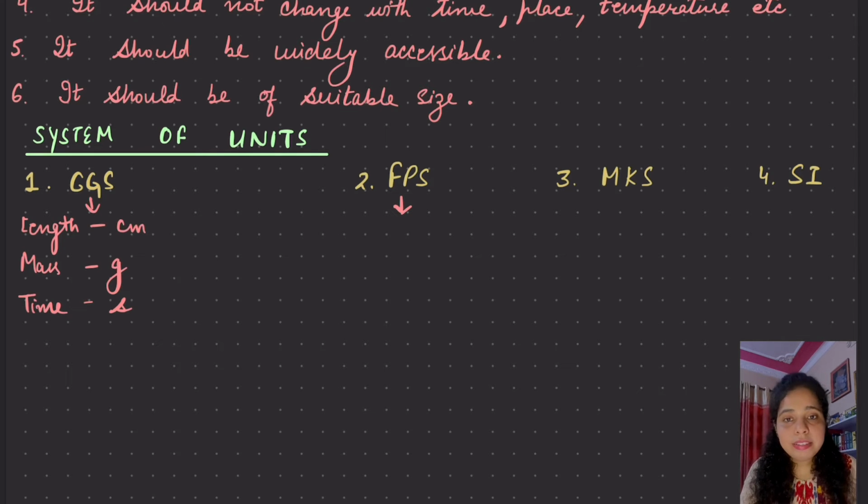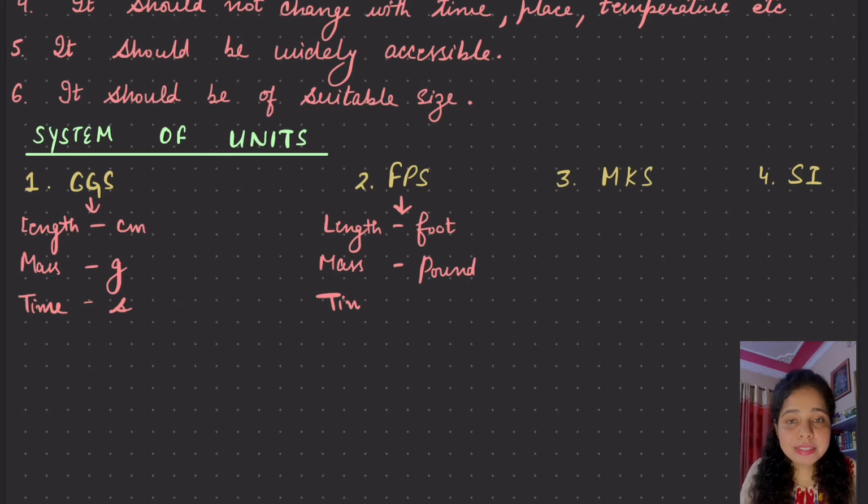Then in the second system, the FPS system, we measure length in foot, mass in pound, and time in seconds. When we go to the MKS system of units, length is measured in meter, mass is measured in kilogram, and time is measured in second.